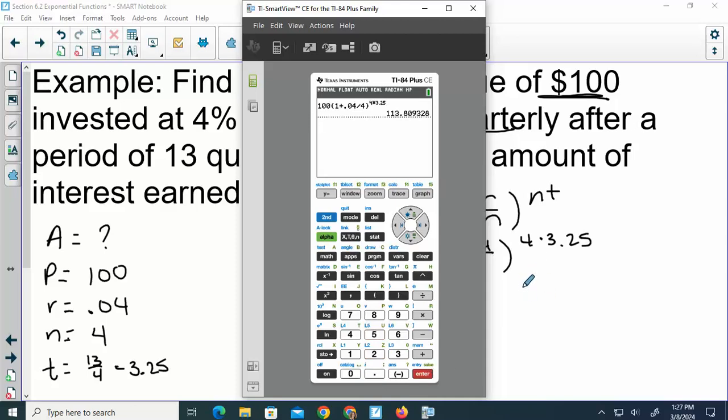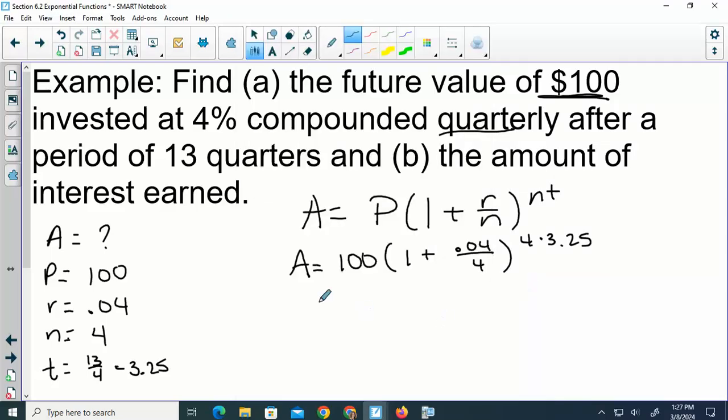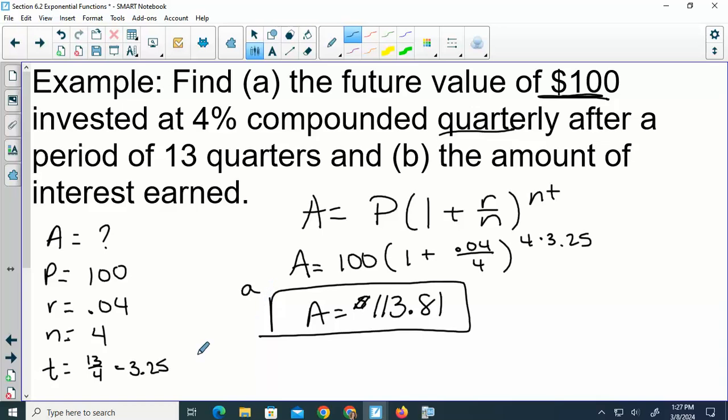And we are talking about money here, so we'll go 2 decimal places, so that's 113.81. So that's what question A asked for, our future value.